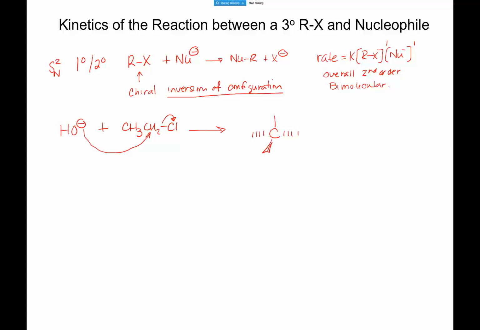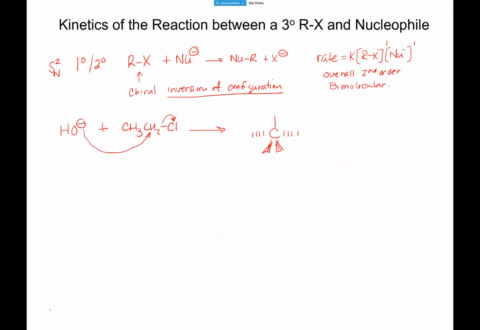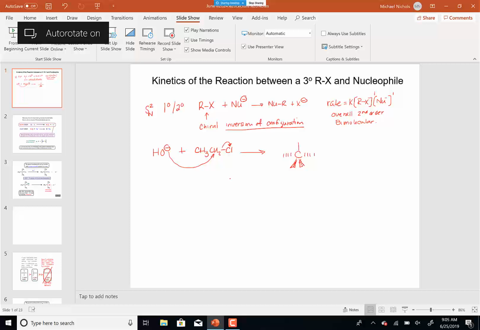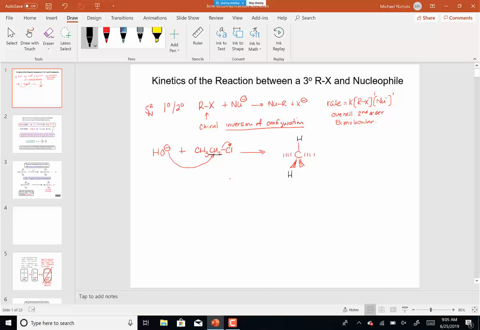And then the other three positions are going to be the positions that were originally on this carbon. So this carbon has a hydrogen, another hydrogen, and then the methyl group attached to it. So that's where those will go.